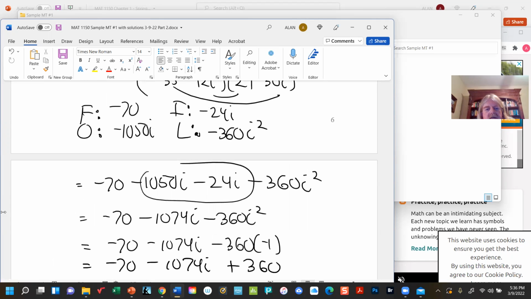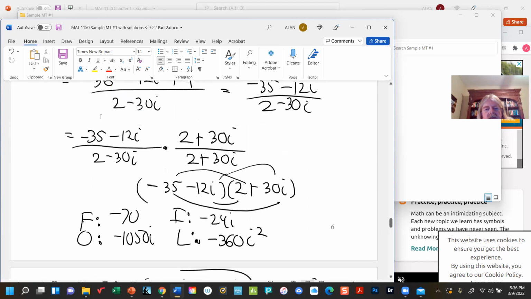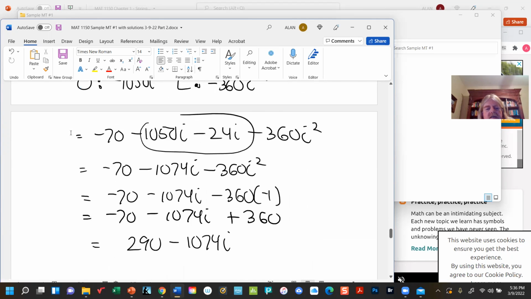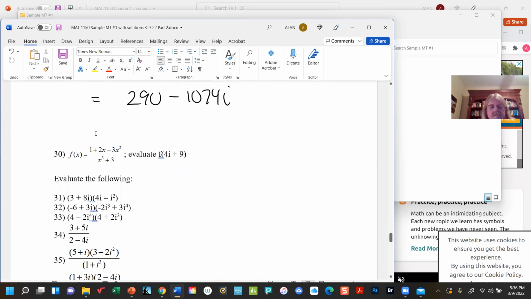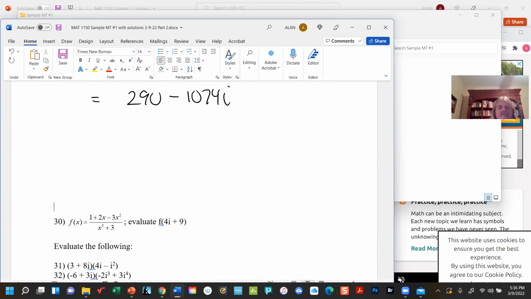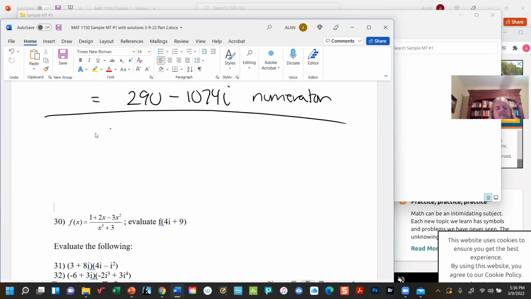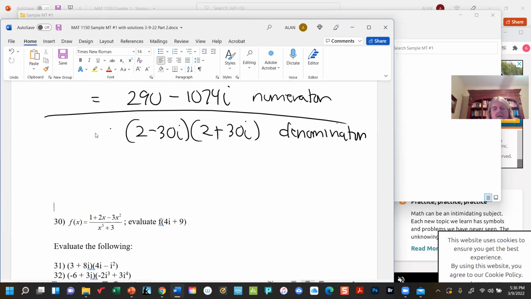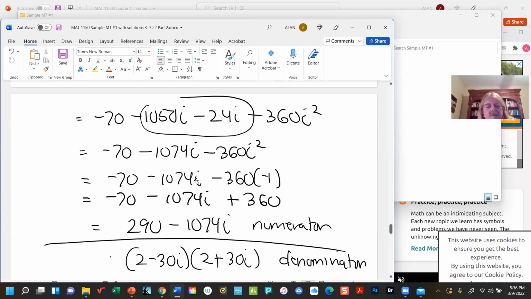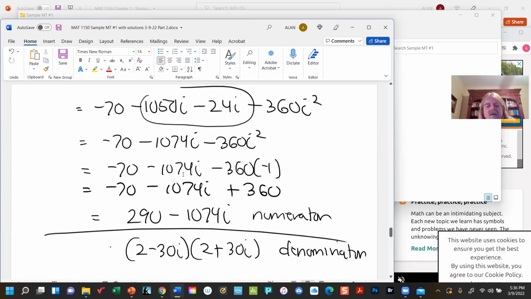What about the denominator? 2 minus 30i. Let's try that. This will be our denominator. Okay, 2 minus 30i times its complex conjugate, which is 2 plus 30i.